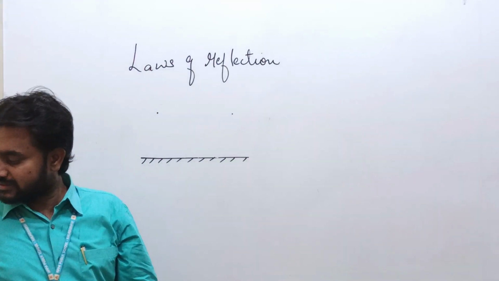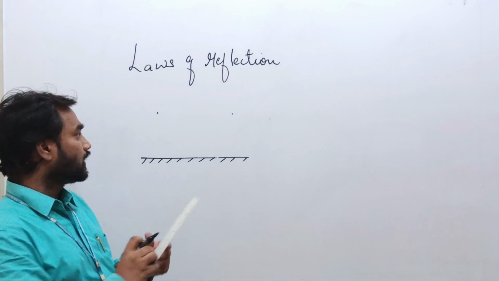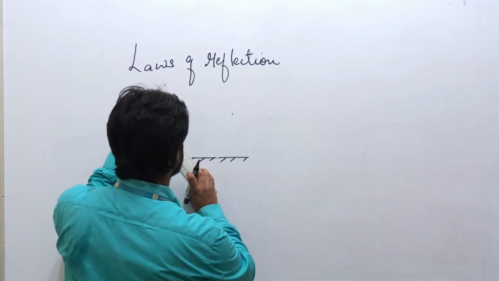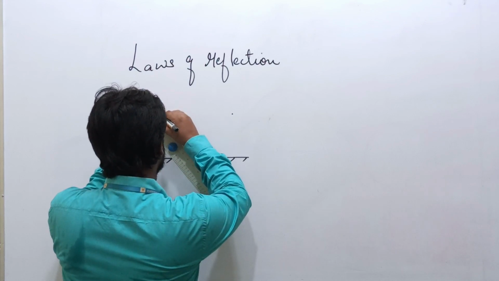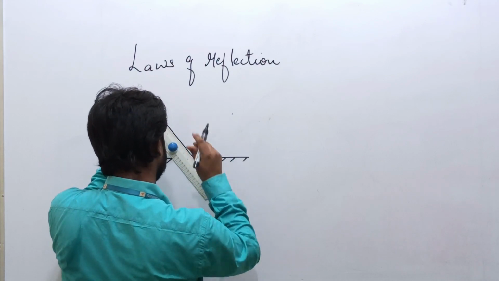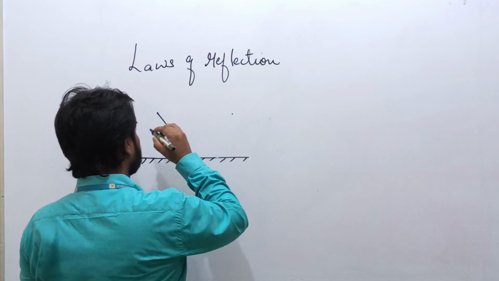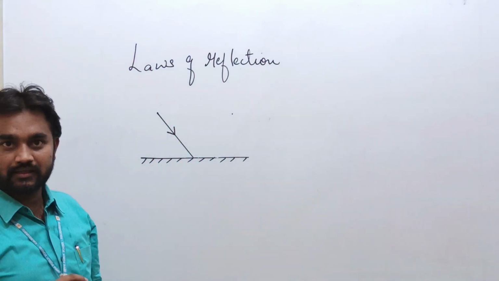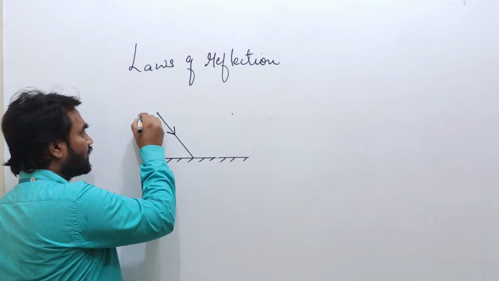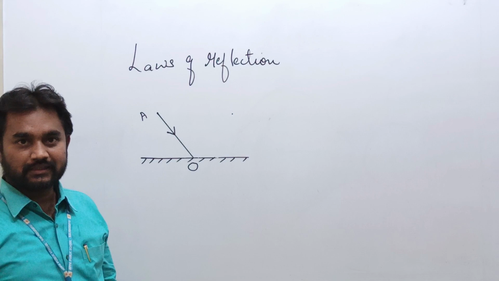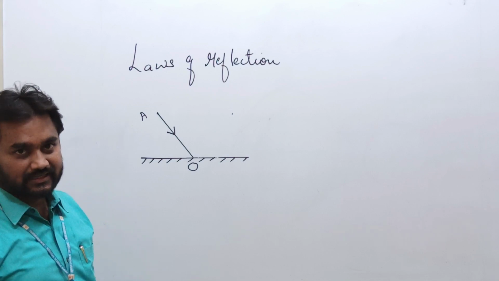The light is incident on this reflecting surface. This is the incident ray, let me name it as AO. AO is the incident ray.